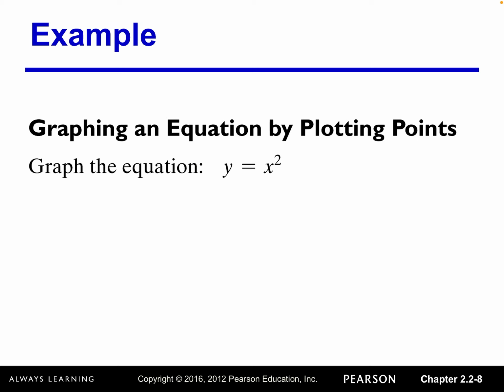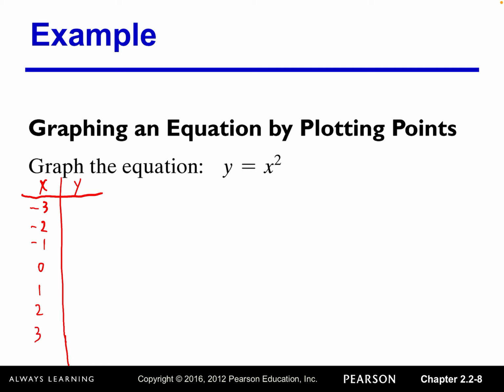So now let's give another try, graphing an equation by plotting points. This time we have a quadratic equation. We first need to form a data table. I will choose x from -3, -2, -1, 0, 1, 2, 3, just easy for me to do the calculation.